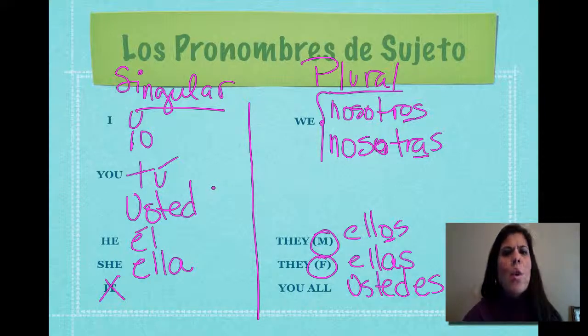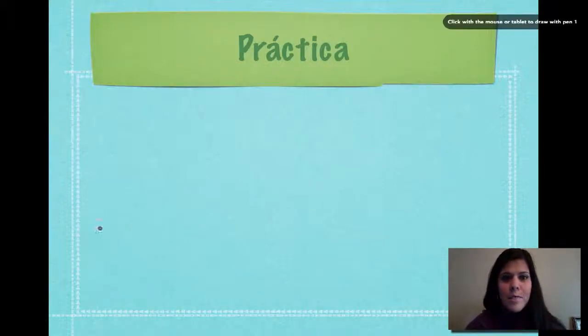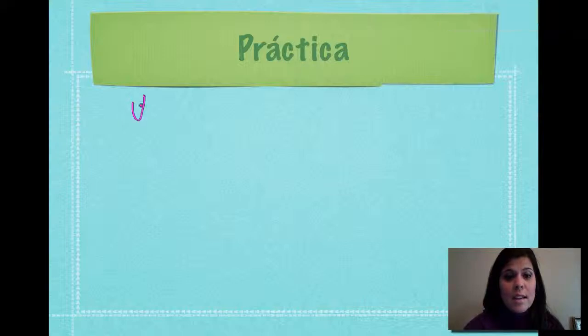Let's go over this one more time. Practiquemos. So I said already that for I, we say yo. For you, we have two yous that are singular. We have tú, which is informal, and it's kind of like when you're talking to your friends.